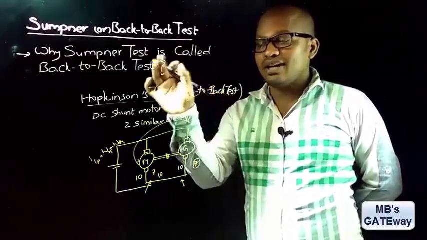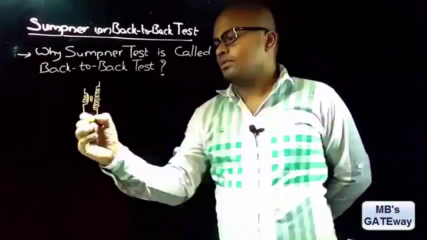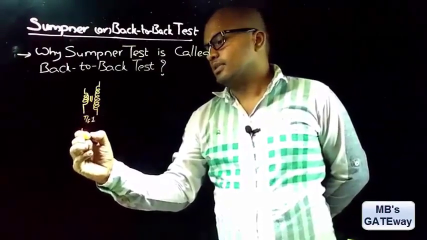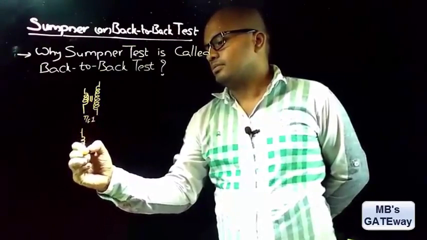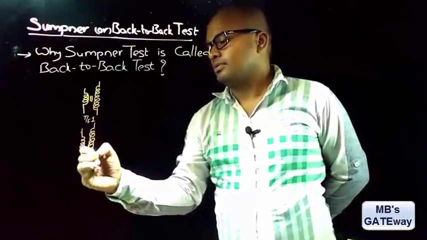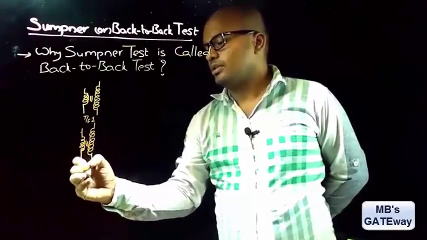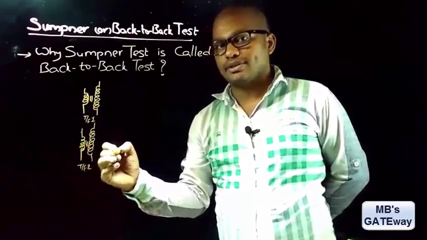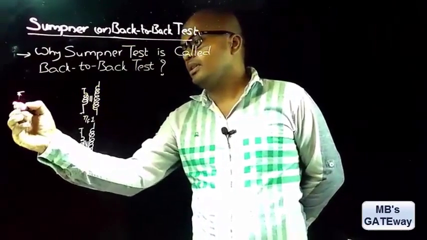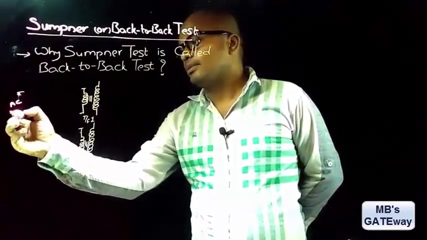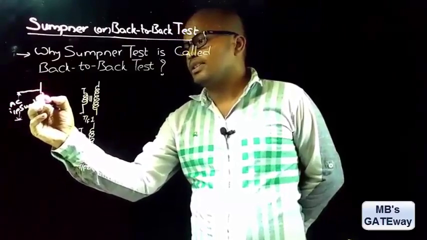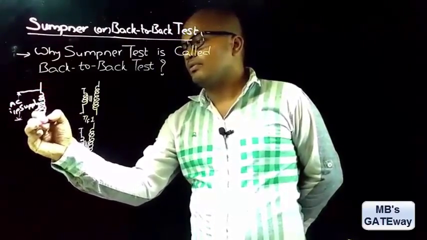And let's understand that with its circuit diagram. This is transformer 1 and this is transformer 2, which are similar transformers, and these two transformer primaries will receive input from the AC input supply through a single phase variac.